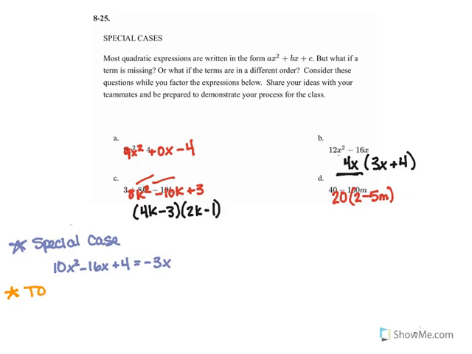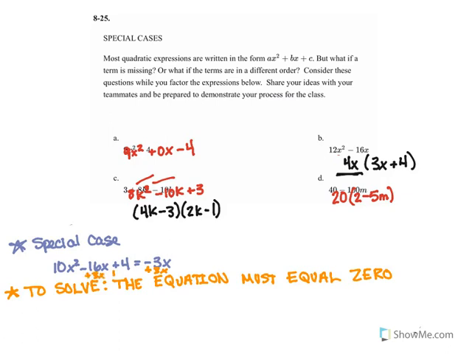So to solve, the equation must equal 0. To get this equation to equal 0, I'm going to have to add 3x to both sides.